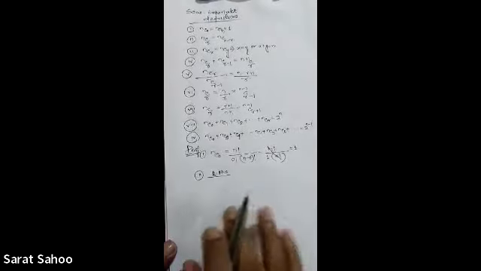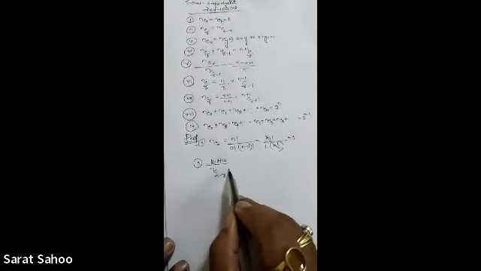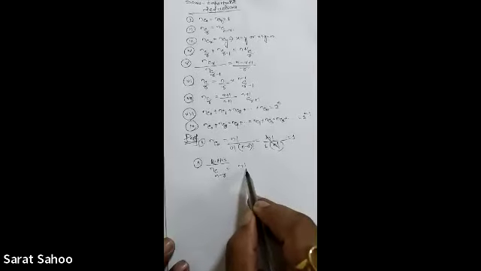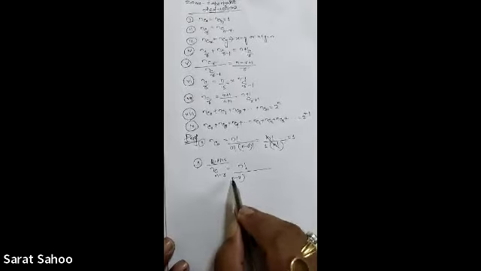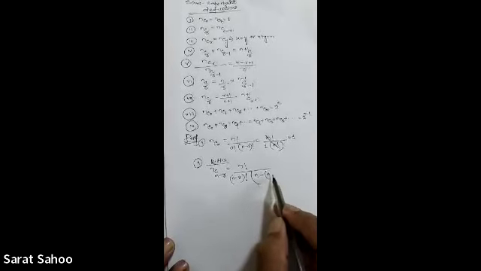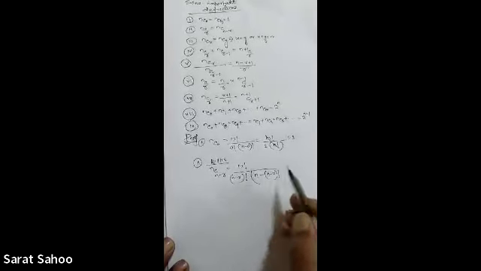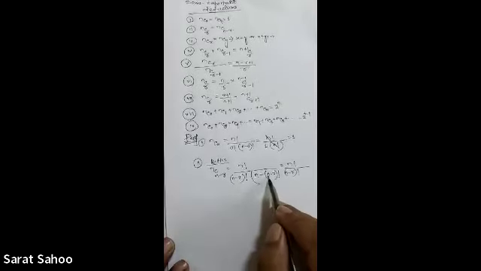Right hand side is nC(n minus r) equals n factorial upon (n minus r) factorial into (n minus (n minus r)) factorial, which is equal to n factorial upon (n minus r) factorial into r factorial. n cancels, minus and plus, which is equal to nCr.